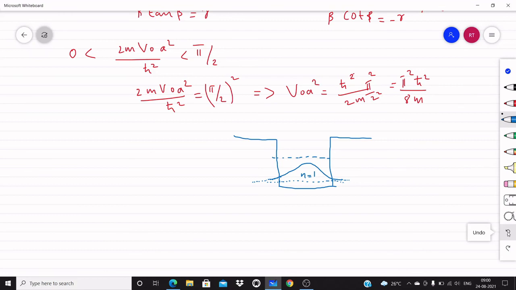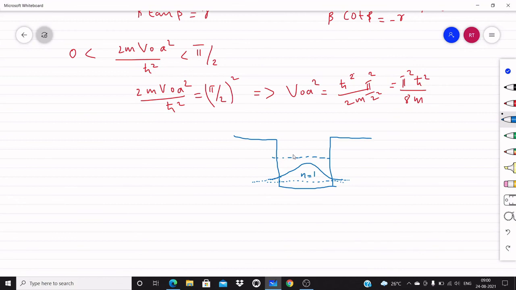You can see for n is equal to 1, you have an increasing value of wave function and it reaches maximum at the center, and you have tails on both the regions. That means the probability is not going to zero abruptly. There is a chance of penetration because of this non-zero value of probability here.